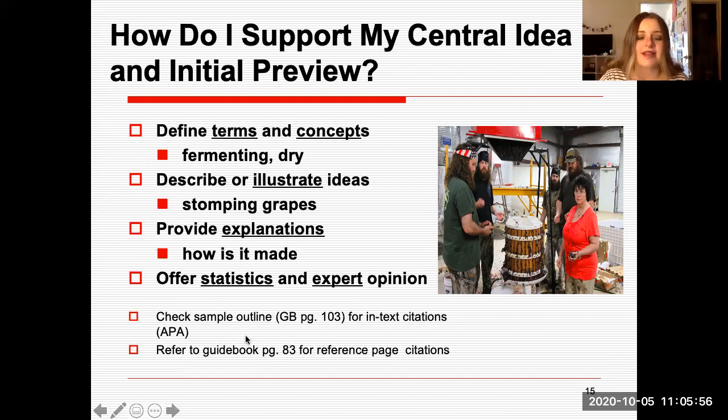And so they have a sample outline on page 103 for in-text citations, and I'd recommend looking over the outline. I think it really helps to look at other examples to see what other students have done in the past and to model what yours should look like. And then page 83 also has a reference on citations as well, and how to do that on a references page.